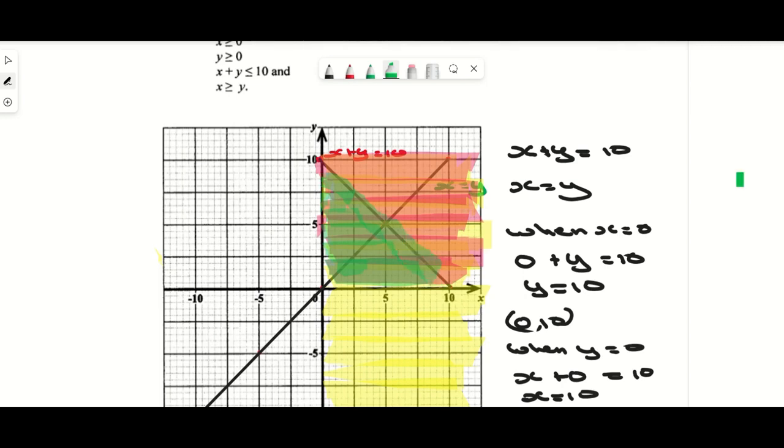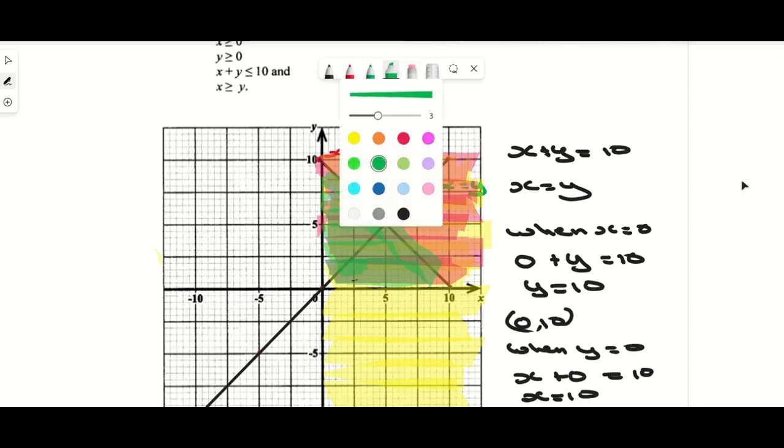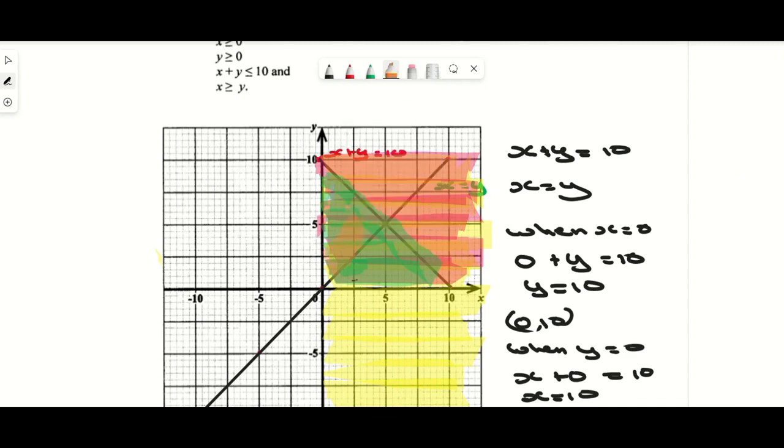Then they say where x is more than or equal to y. So that would not be this region here. It will be above this line right here, in orange.